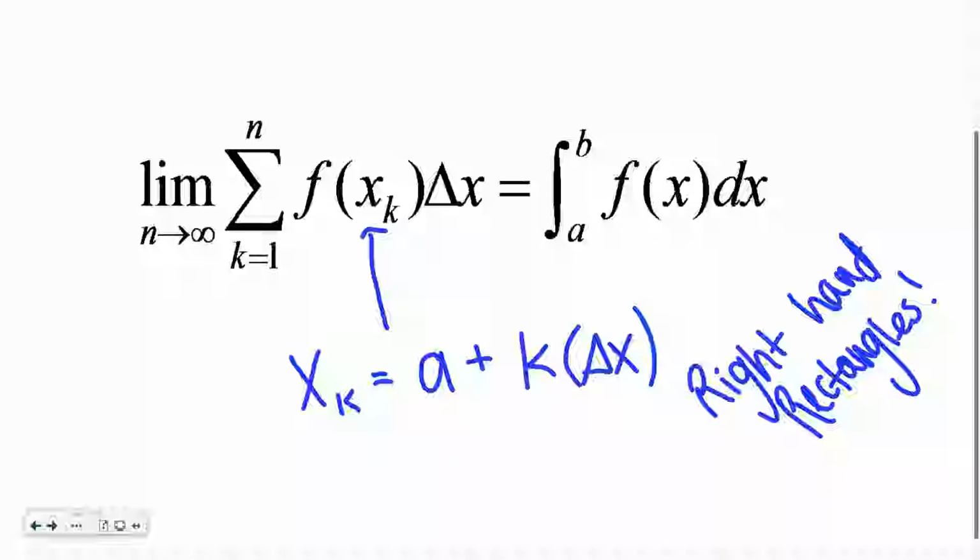Well, because we might not start at 0, k would be wherever we begin. Well, a would be where we begin, but k is what we start plugging into.